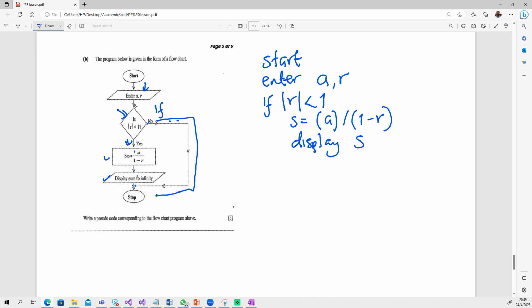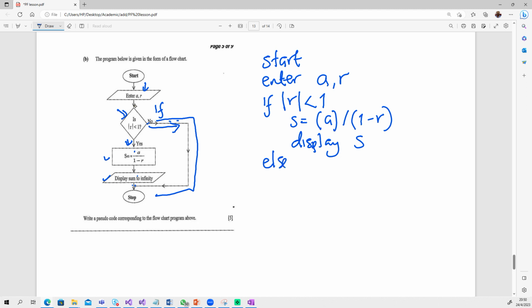Instead of putting the else here, because as it is, if this condition is false there's nothing to do. There's no need for us to put an else, because even if you put the else here, there's nothing we're going to put here.